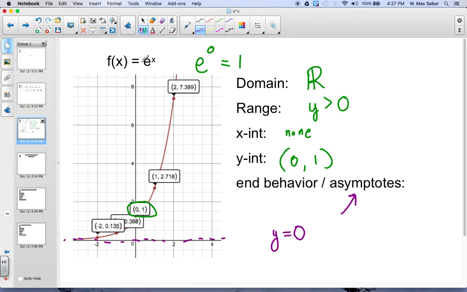So if you plug in a negative number, like e to the negative 1000, you get something that's really close to 0, but is still bigger than 0. So it is up and to the right. The end behavior is up and to the right, and the only asymptote is y equals 0.